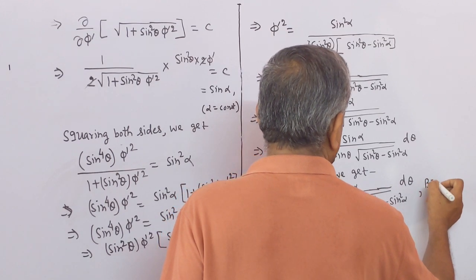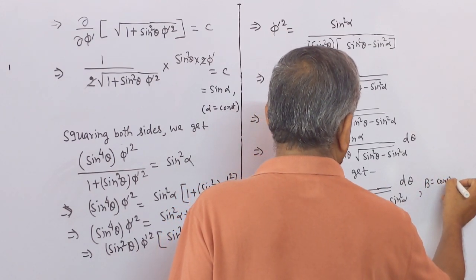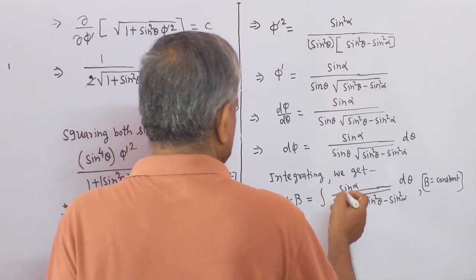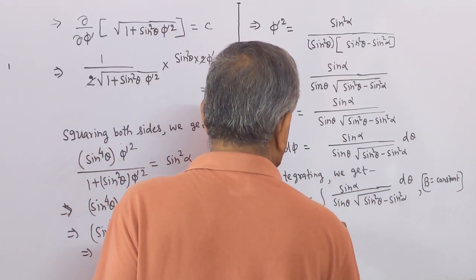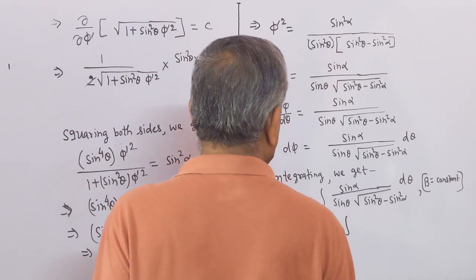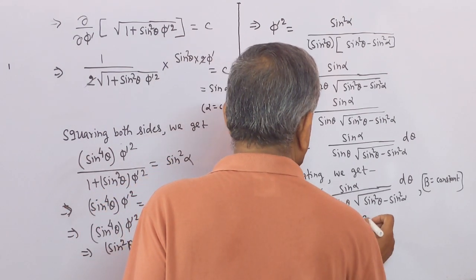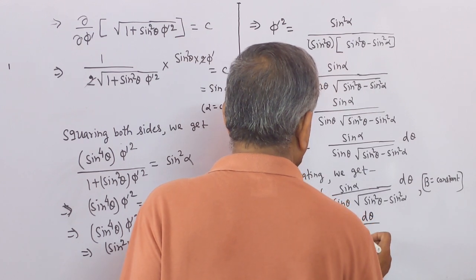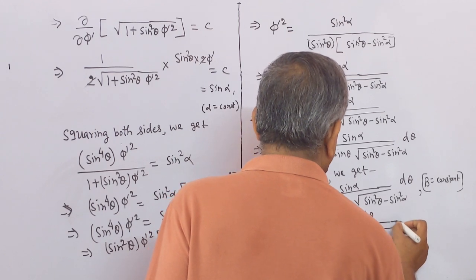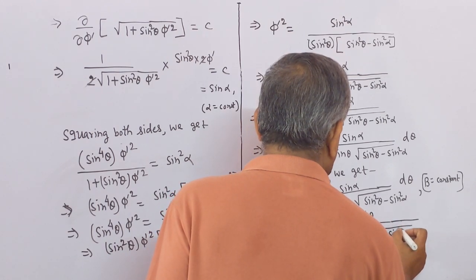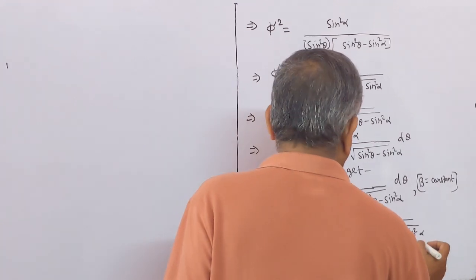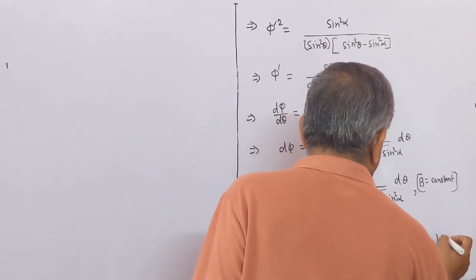Beta equal to constant. Since sin alpha is constant, we take this outside: sin alpha integration d theta by sin theta square root of sin square theta minus sin square alpha. This is number 15.